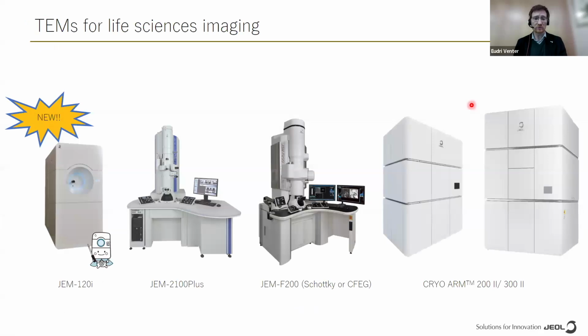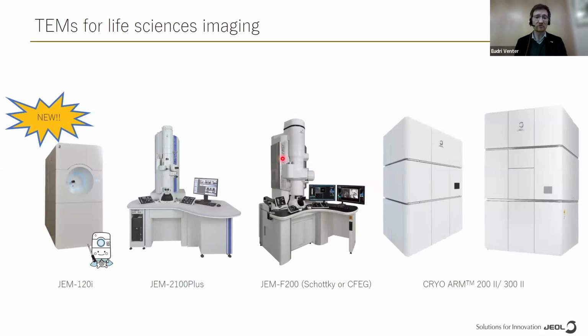Now, considering that the audience for today's talk is largely life scientists, I just want to give a brief overview of the JEOL TEM range, specifically for the life sciences side of our portfolio. On the left-hand side, we have the newly released JEM-120i, which is going to be discussed in more detail in this talk. The next one in the range would be the 200 kV LaB6 instrument, our JEM-2100Plus.